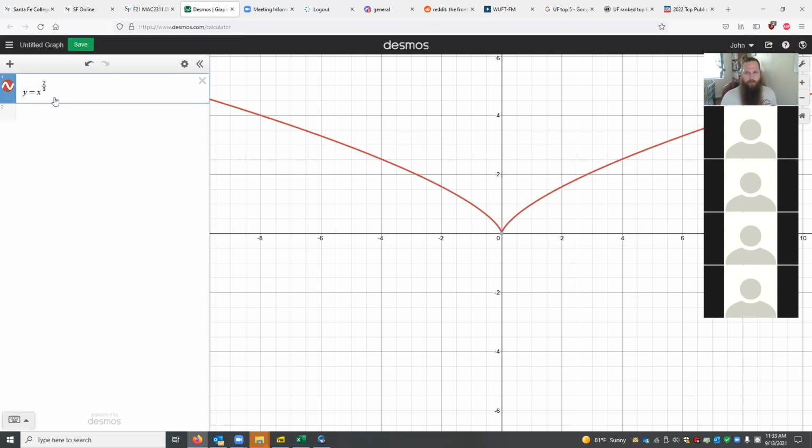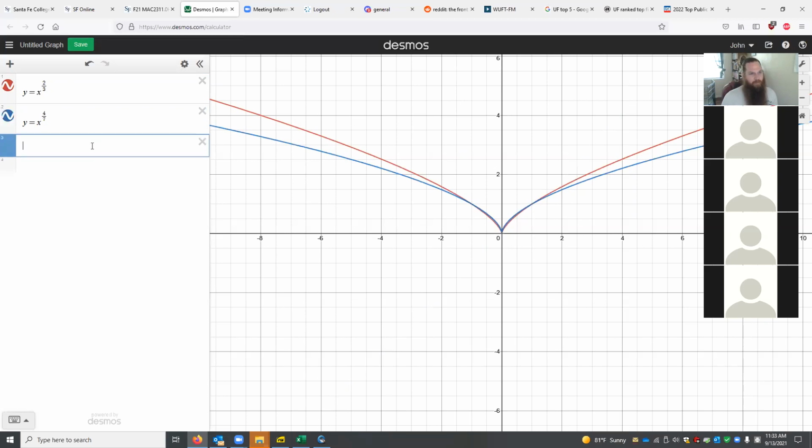So powers of x, where the power is between -1 and 1, tend to have problems at 0. Another example would be like x to the 4/7, similar issues. Of course, the absolute value function and any power of it.